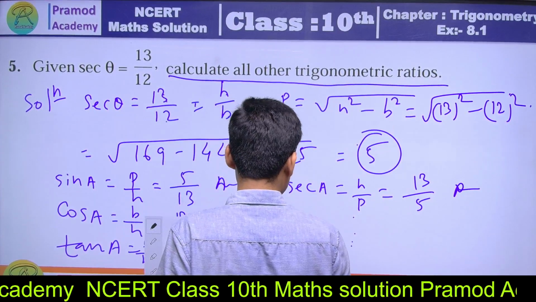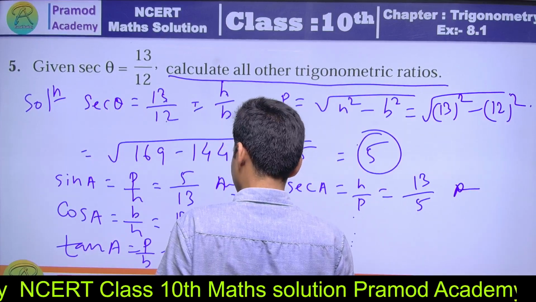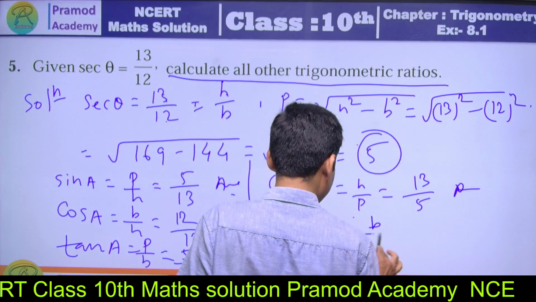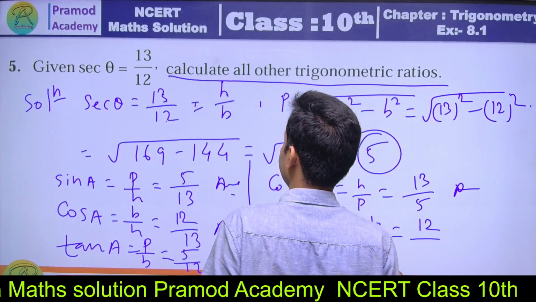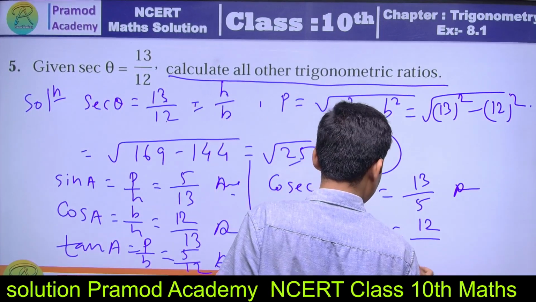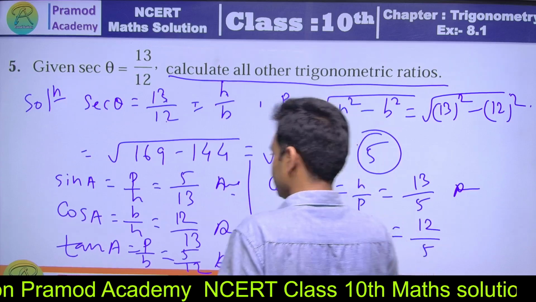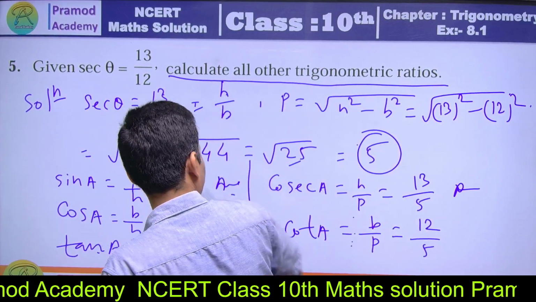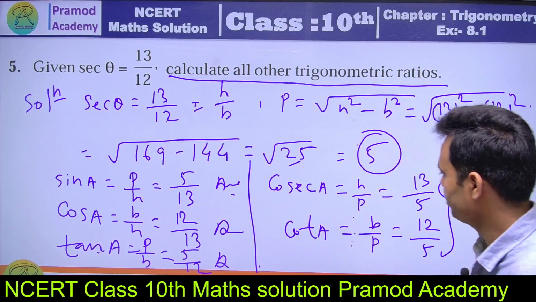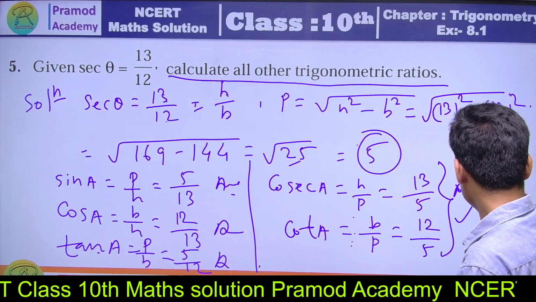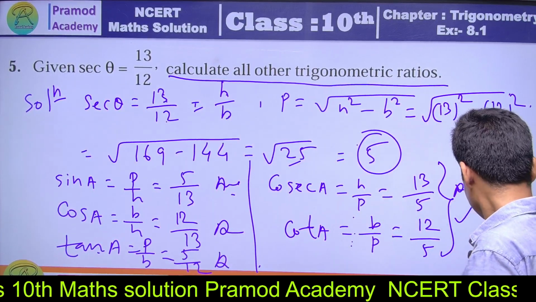Now cot A equal to B by P. What is the value of B? It is 12 and value of P is 5. So remaining 5, 1, 2, 3, 4, 5 trigonometrical ratio values we found. So these are the answers.